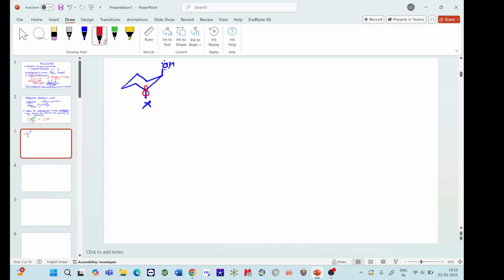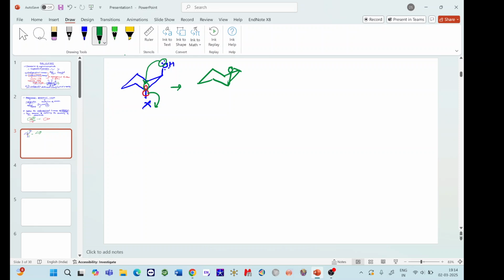So then what will happen? Your electron density will attack the anti-bonding orbital, and when it pushes the electron into the anti-bonding, this one will get intensified and this one will leave. So something like that you can form. This will not be properly on the top side, so it will be something like this.